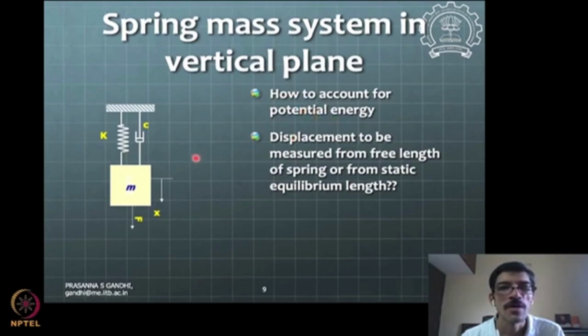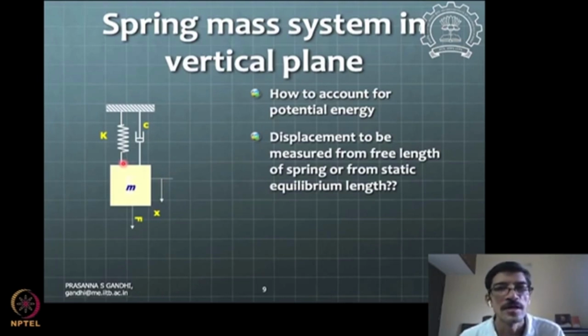Then we see the same system, but now considered in the vertical plane. How do you account for potential energy in this case? It depends upon how you define your generalized coordinate to measure from. There are two possibilities. One is that your generalized coordinate x is defined when the spring has zero extension.